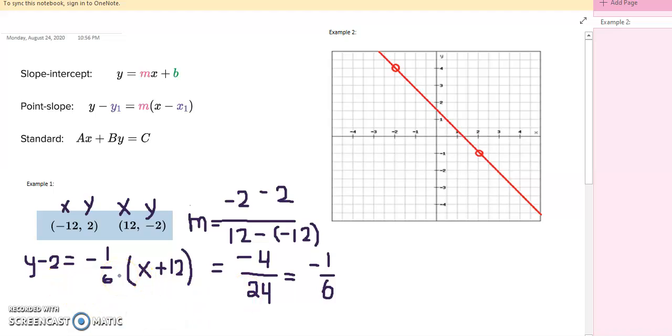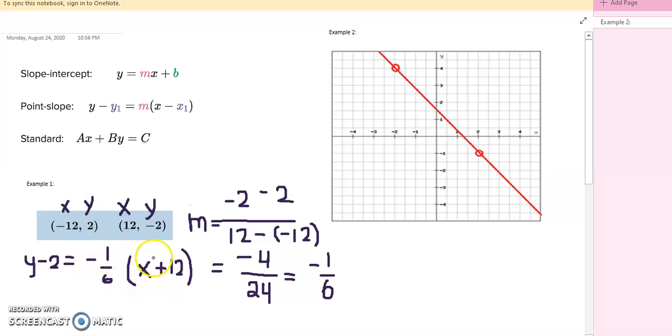And then if I want to put it in slope-intercept form, then I need to what? I need to multiply everything out. This is the same thing as when you were doing the explicit form of the arithmetic sequence. When you had, remember, your common difference times n minus 1. Then you just distribute it and then combine all the constants together, the numbers together, and then you will get the slope-intercept form.